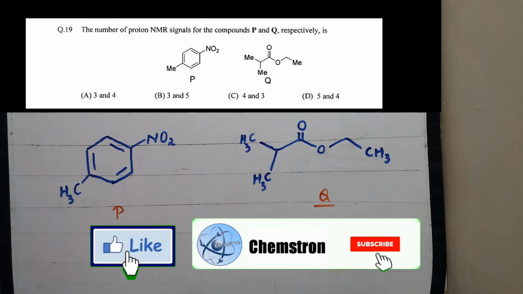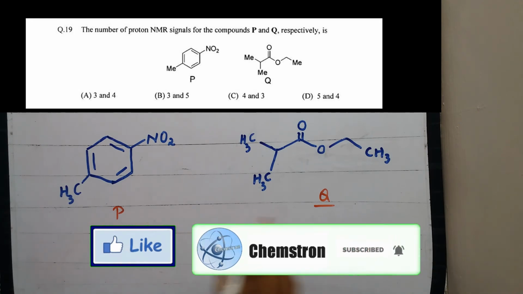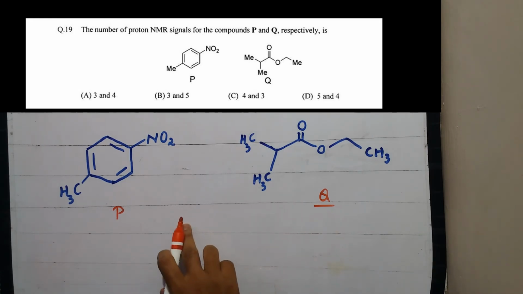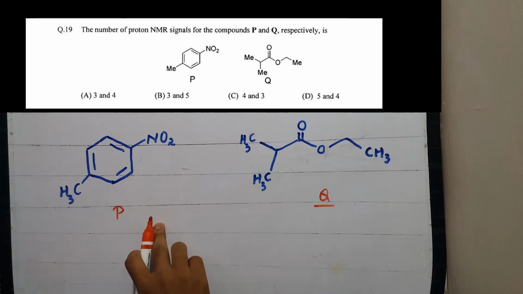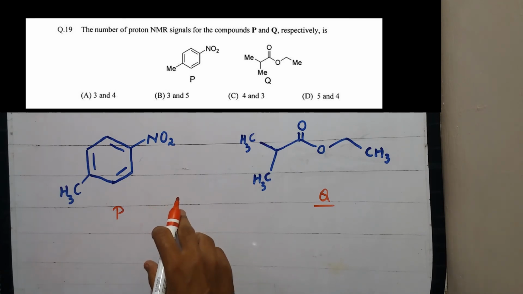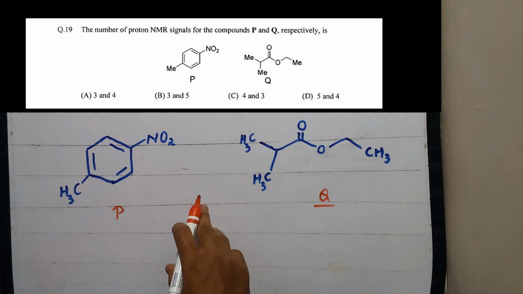The number of proton NMR signals for the compounds P and Q are. Consider compound P. The total number of proton signals depends on the different kinds of hydrogen present.